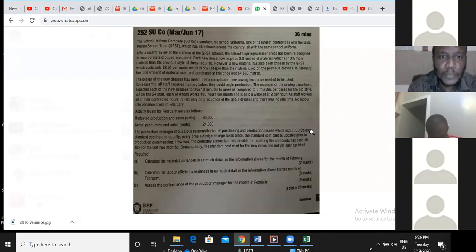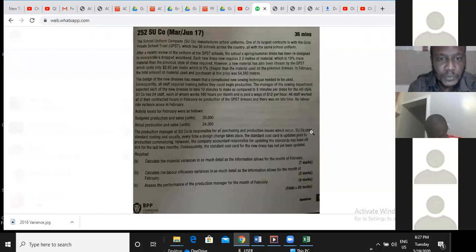So no labor rate variance. So the only thing we're going to look at, that's why they ask us for labor efficiency. With the information that's given to you, sometimes you might calculate and you get a nil variance, showing that no variance occurred. If we stubbornly did it, we'll see that we'll have a nil labor rate variance. Now they give us the activity level for February as follows.